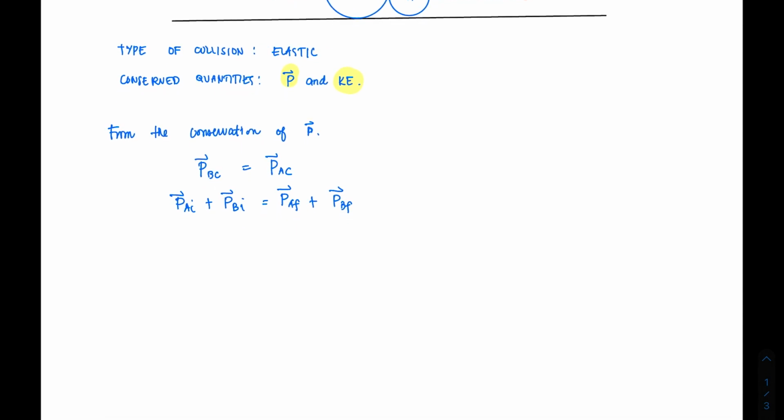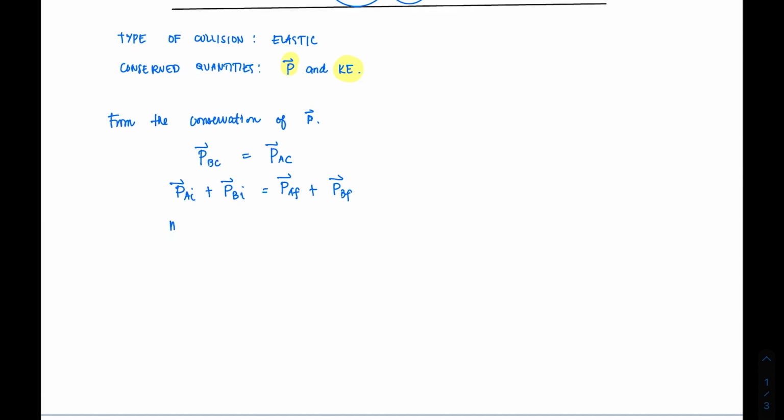So we know that momentum is just mv, so I'm going to break this down into its components. That's MA VAI, that's for PAI, plus MB VBI, this is for the second term, which is PBI, is equal to MA VAF plus MB VBF.